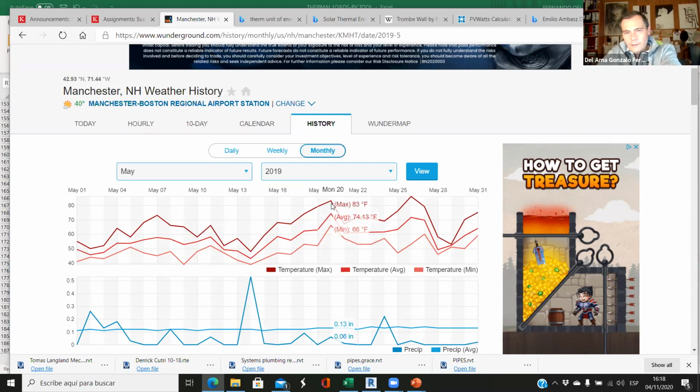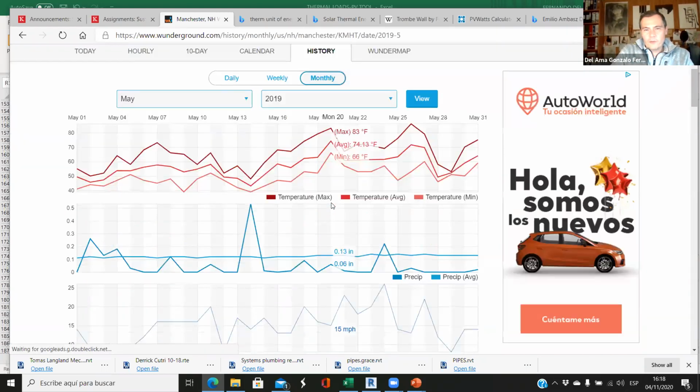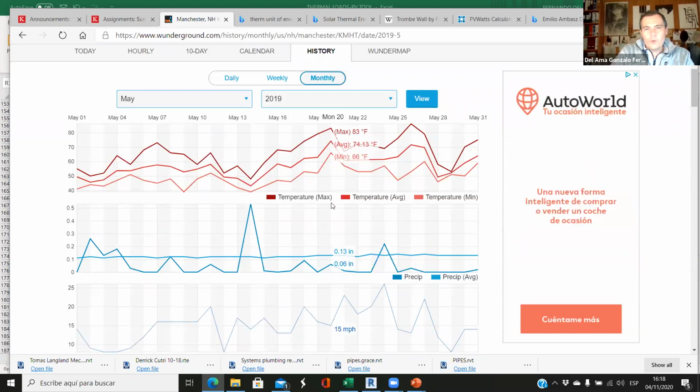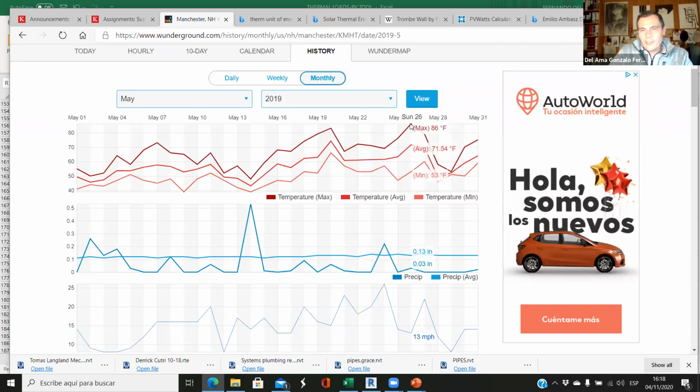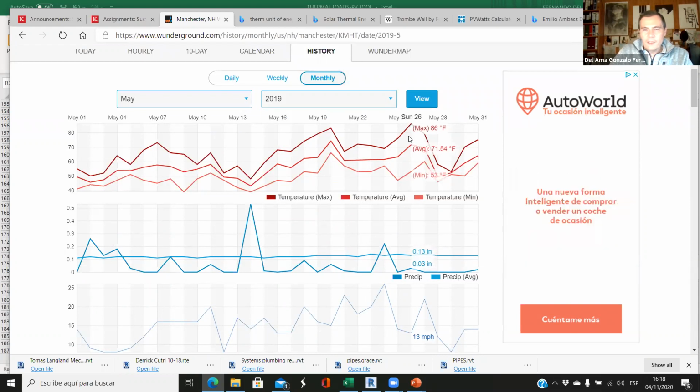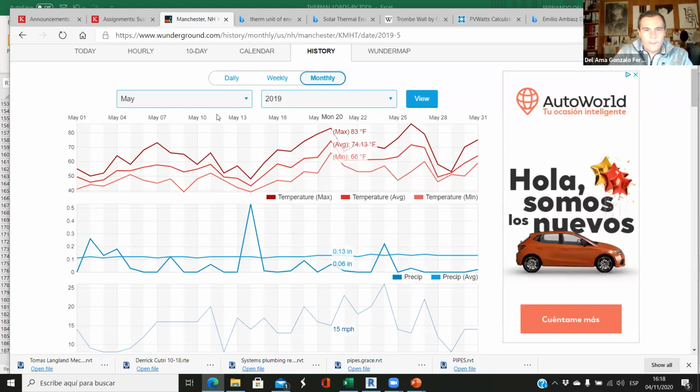So on Monday the 20th, the average temperature is 74. 74 is fine. It's almost comfort. So that day we shouldn't be using either heating or cooling. Okay, so this day, the average temperature is 71. So there are days in which we shouldn't use any heating or cooling systems.